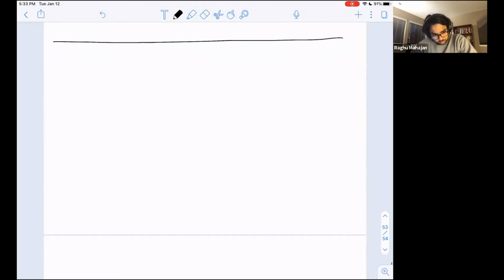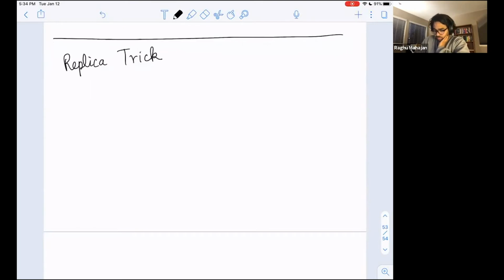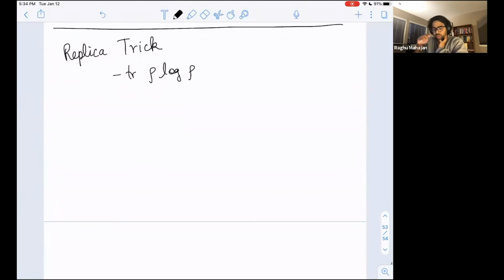Okay, so if there are no questions, let me go to the replica calculation, the replica trick. The replica trick is based on the simple observation that the von Neumann entropy is minus trace rho log rho. This log is a funny function.